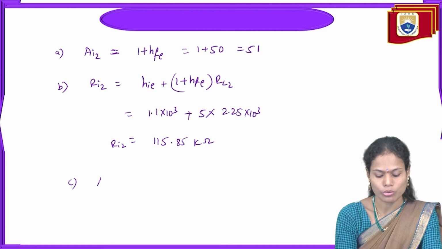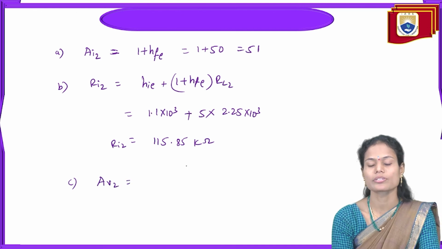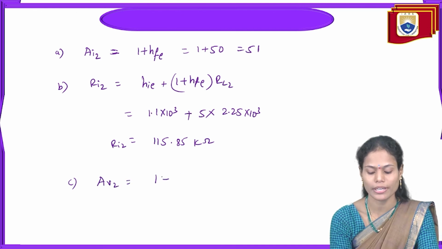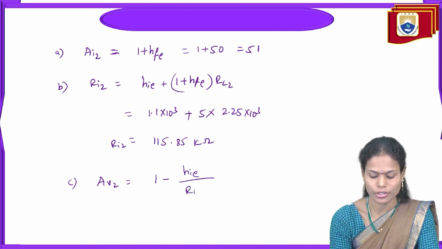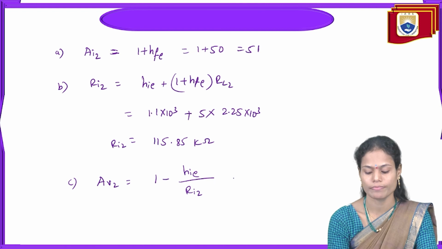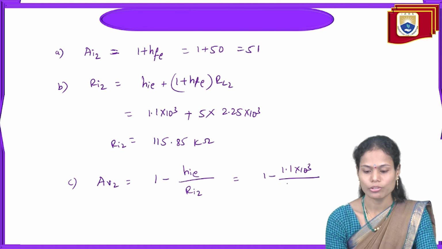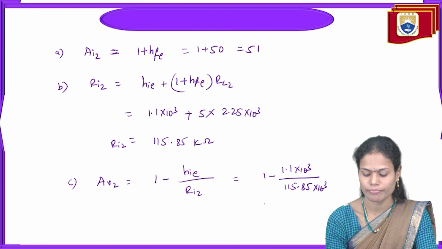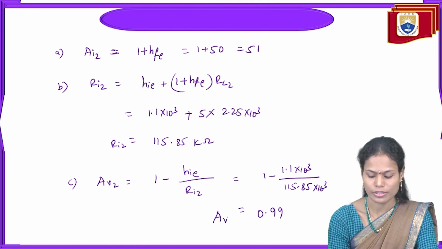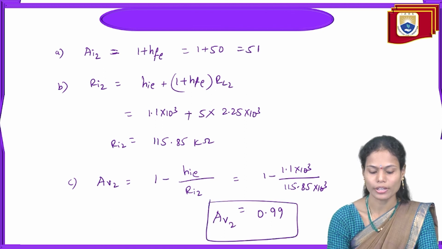And next, the voltage gain of the second stage, that is 1 minus HIE divided by input resistance of the second stage, that is 1 minus 1.1 into 10 power 3 by RA2 value, 115.85 into 10 power 3. So it is 0.99. The second stage gain is 0.99.